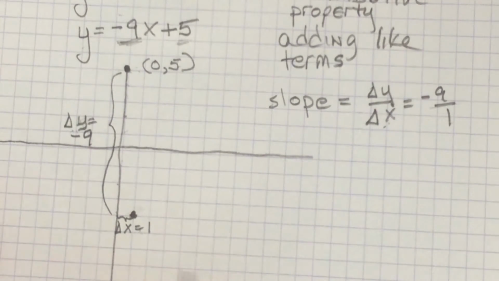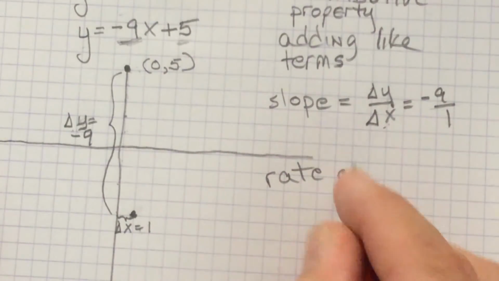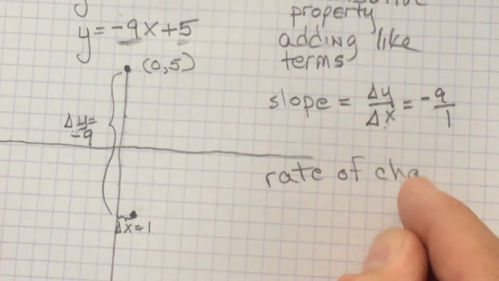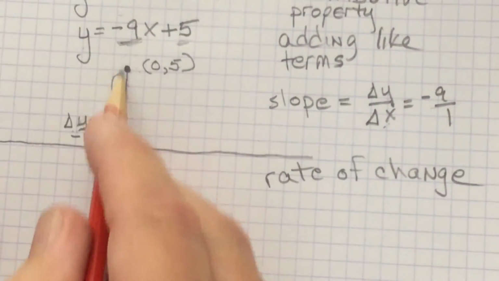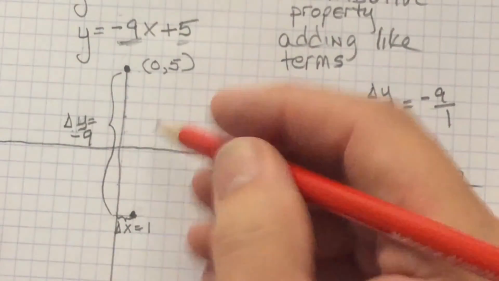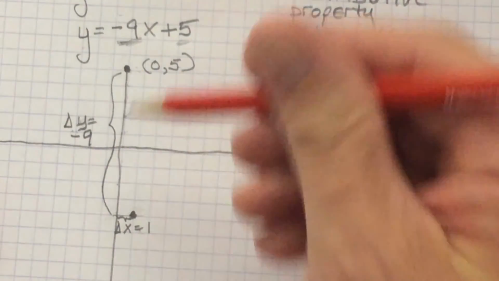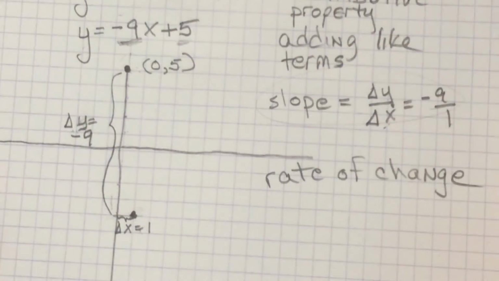That's my rate of change. That's the other way to think of a slope. For every 1 I go to the right, I go 9 down. Or doing it in slope form, 9 down, 1 to the right.